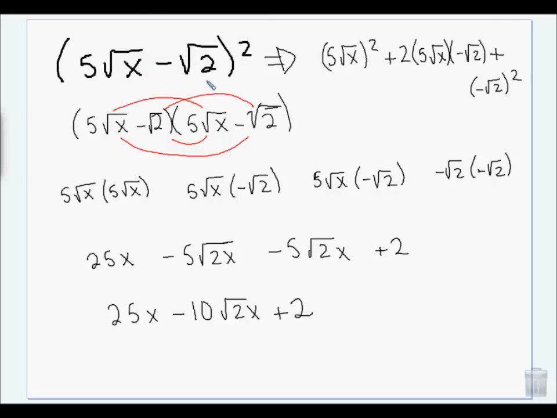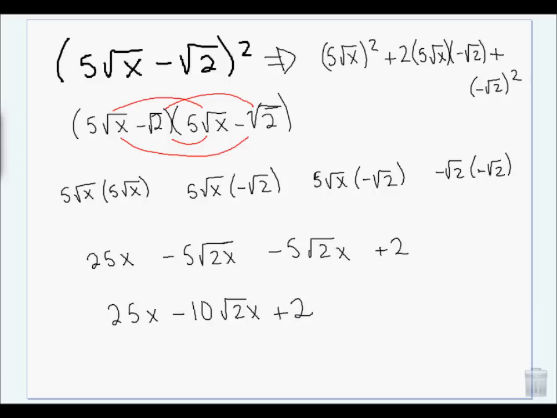This is a perfect square trinomial. So if we just squared this, we'd get to here. This times 2 gives us this. And then this squared gives us this.